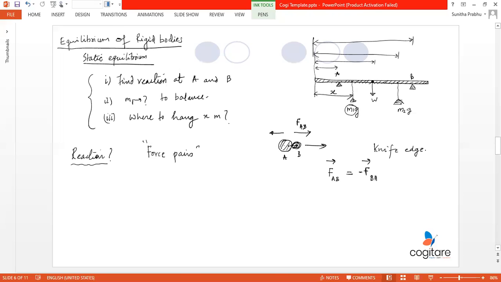But at the point of collision, B is also giving a force on A. What is this called? B on A. Which direction? Towards the left. So this is going to be minus. Both will experience equal and opposite forces. That is Newton's third law. Are you okay with this?